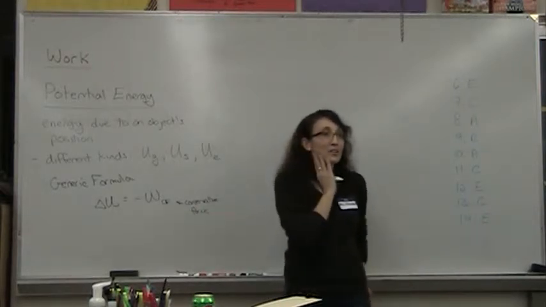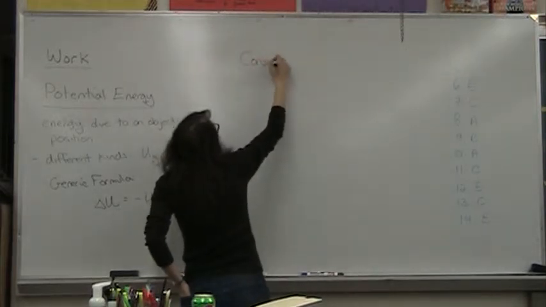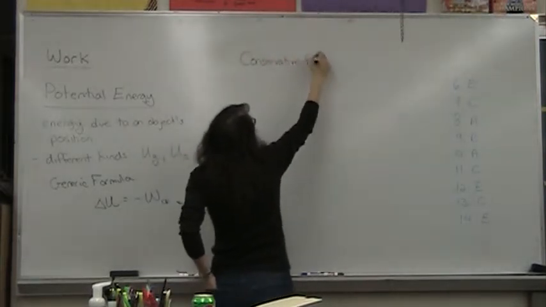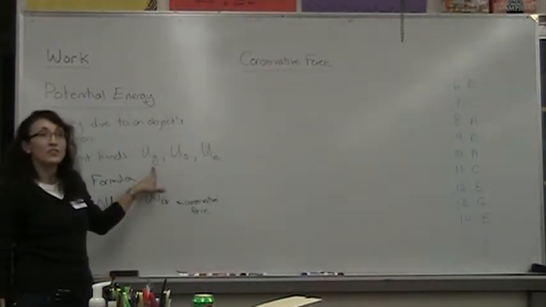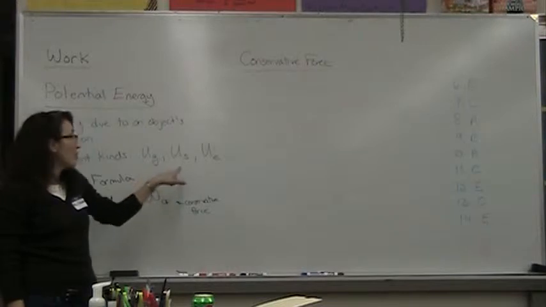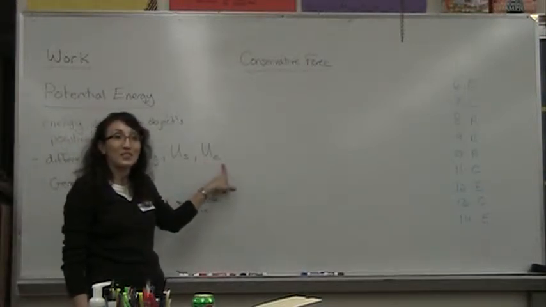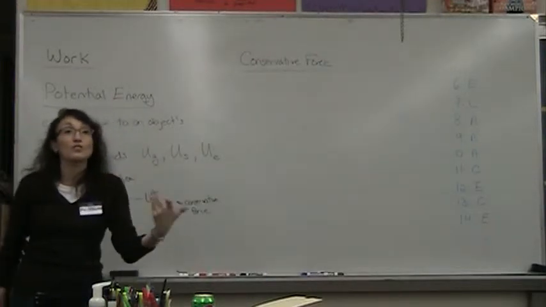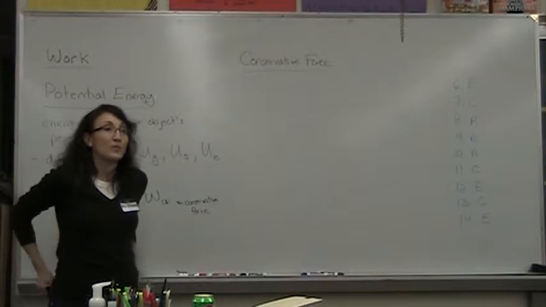Anybody know anything about conservative forces? Well, right away, guess what? Gravity's a conservative force. Spring force is a conservative force. Electrostatic force is a conservative force. So conservative forces always have these potential energy functions associated with them.